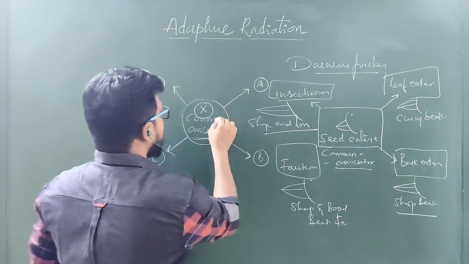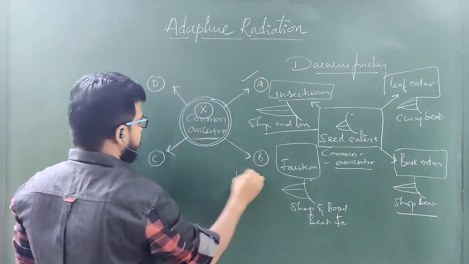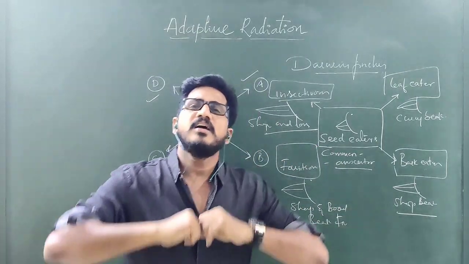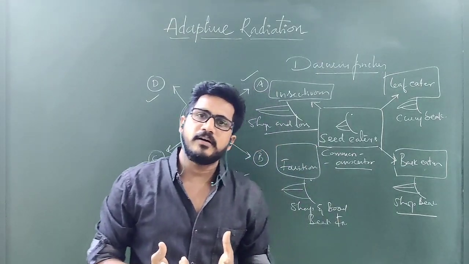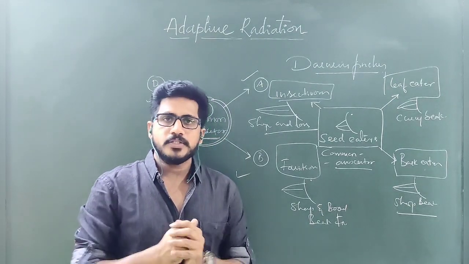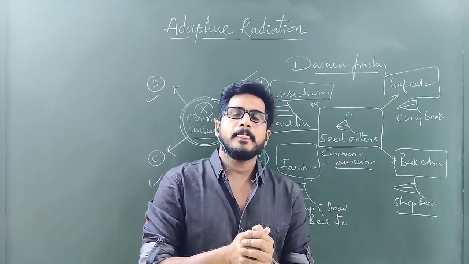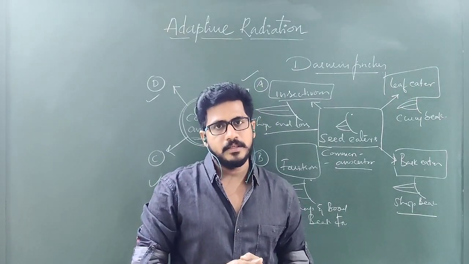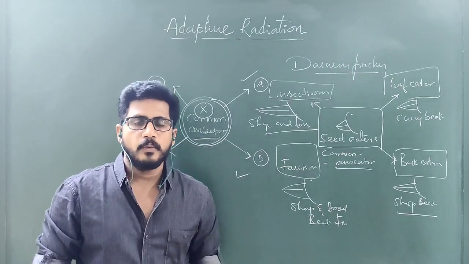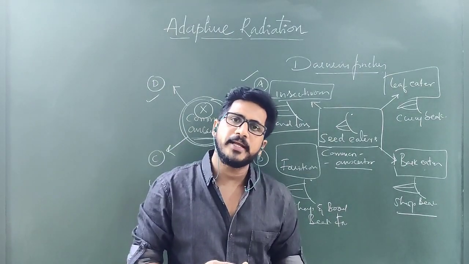So here, you see how this X provided A, B, C and D. Just like that, the seed eaters provided more than 10 different types of food habits in the new species. That is why Darwin was shocked. All are finch birds, but with different beaks. Why do all finches not have the same type of beak?